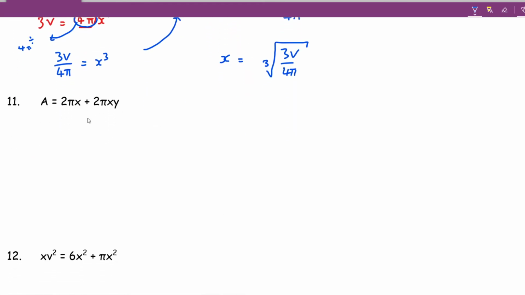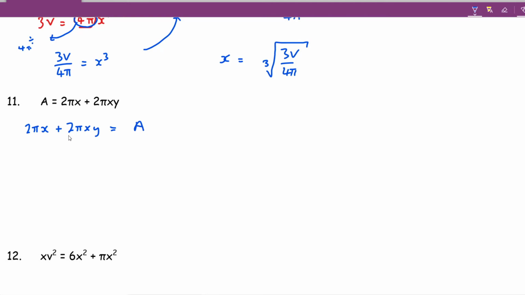Now we're getting to pretty difficult style questions. These are kind of grade 8, grade 9 style questions at GCSE, where you've got x in both terms. Let's rewrite this so it's left to right: 2 pi x plus 2 pi x y equals a.